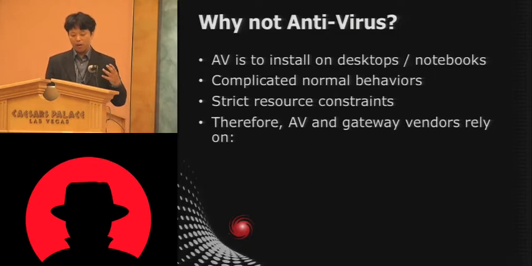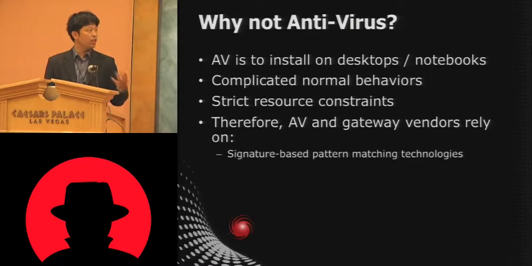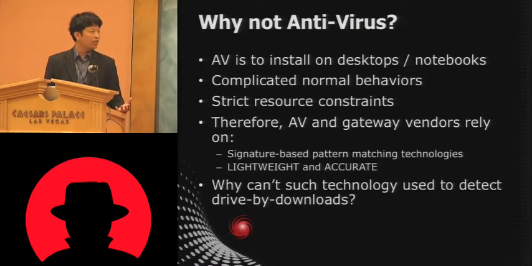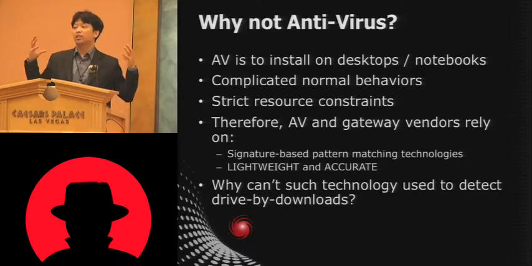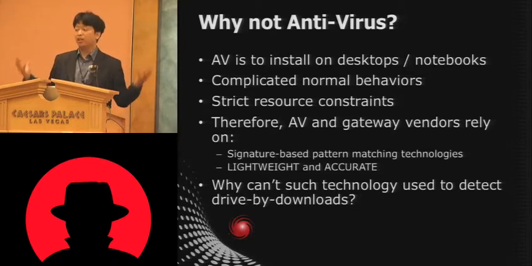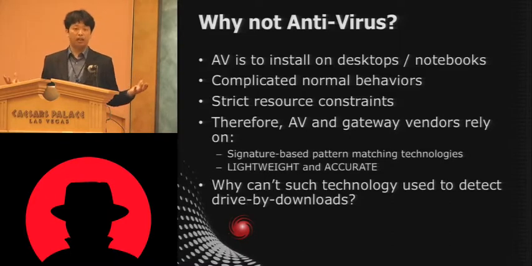Therefore, antivirus and gateway vendors typically rely on signature-based pattern matching technologies that are lightweight and accurate. For example, antivirus typically operates under the restriction that it's going to be very robust on the notebook, and it's not going to use more than 50% of your notebook's computation power, right? And that's why it's not very good at detecting these drive-by download attacks.